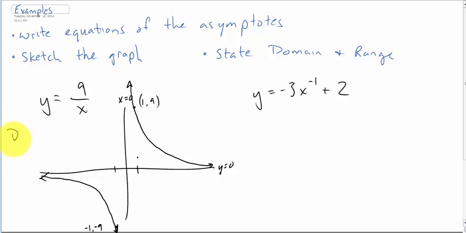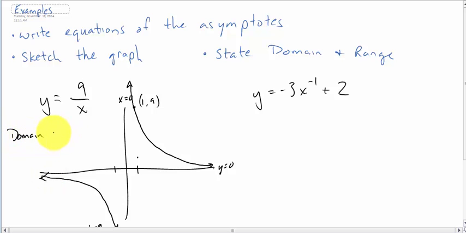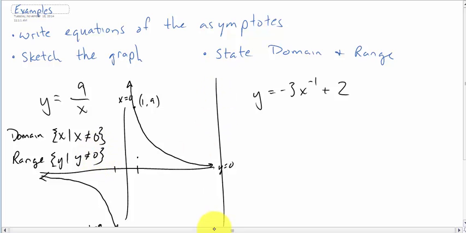And the domain would be the set of all x's such that x does not equal 0. And the range, the set of y's such that y is not 0. So pause the video and see if you can't graph the second one.